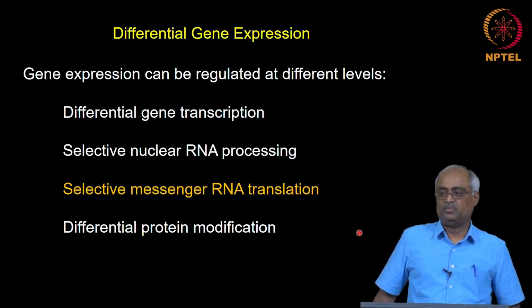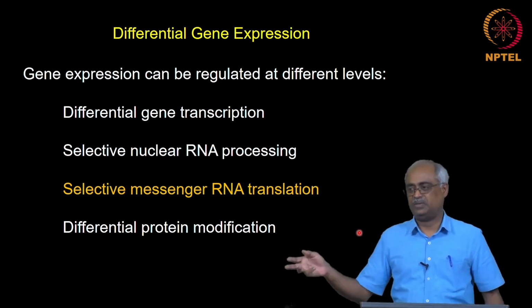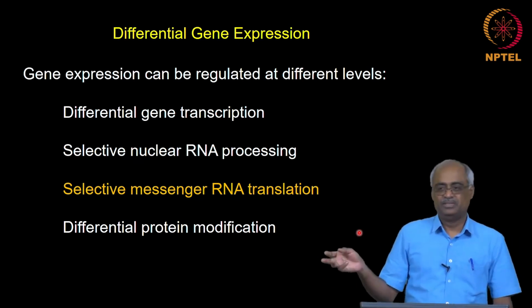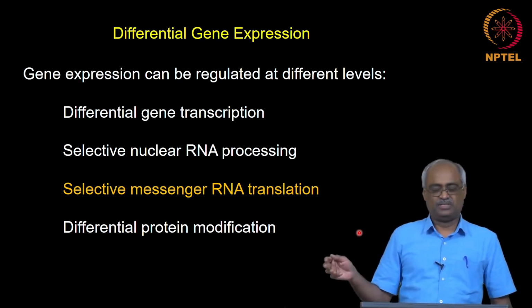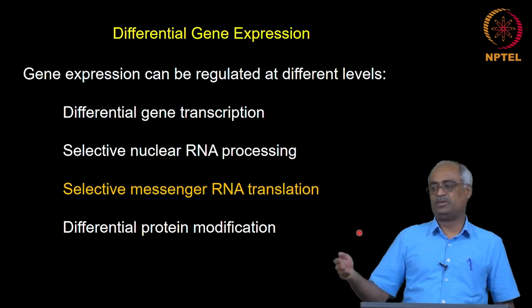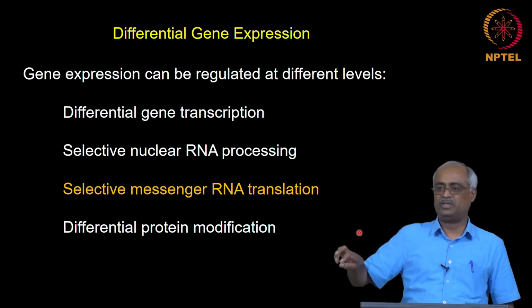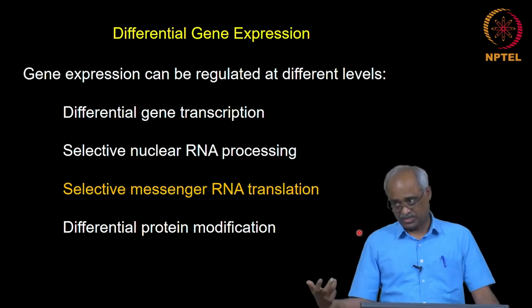Take a neuron, for example. It has a cell body and a long axon, and at the end of the axon you have synapses. At the synapse you have to produce neurotransmitters and secrete them, and then the postsynaptic neuron must have the receptor to accept it.